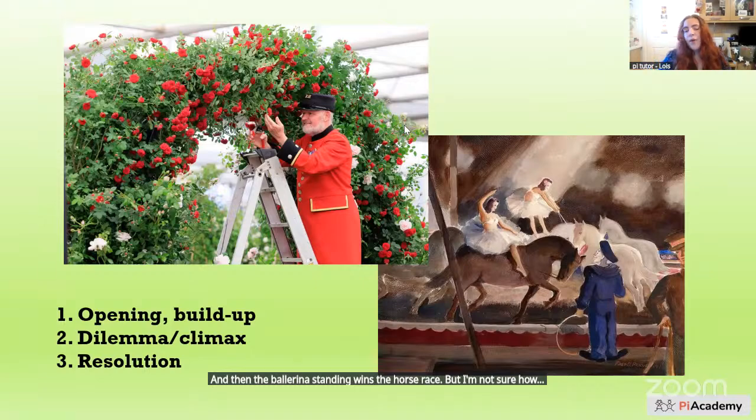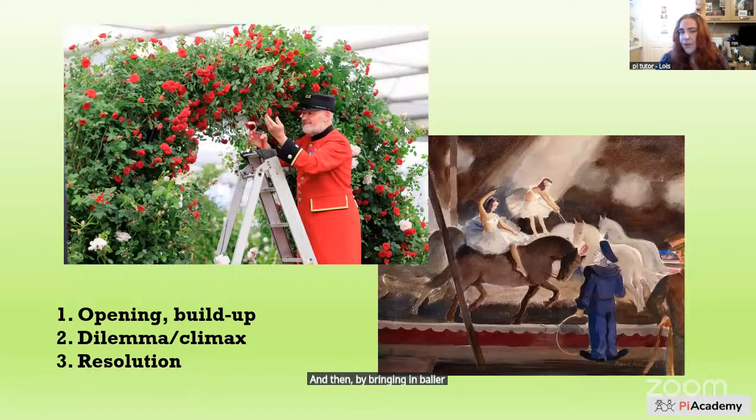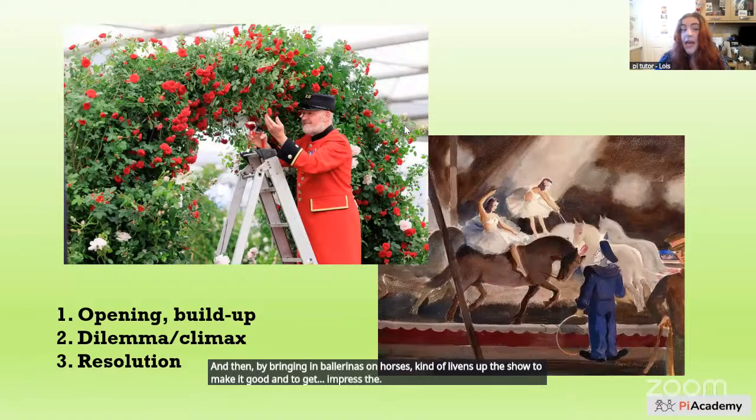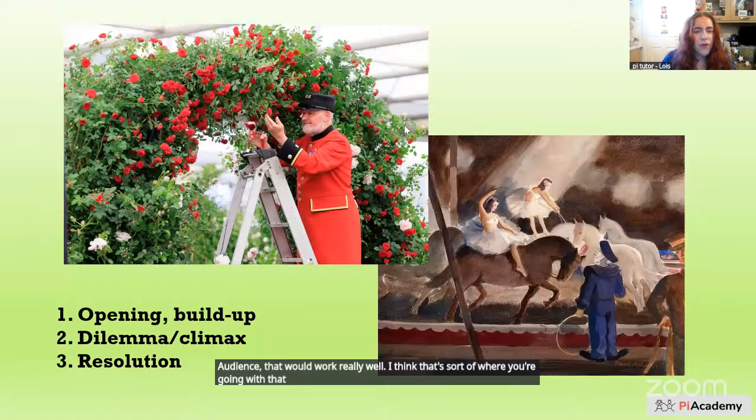I think if you're going for the idea that it's not a particularly good show at the start, and then bringing in ballerinas on horses kind of livens up the show to make it good and to impress the audience, that would work really well. I think that's sort of where you're going with that. Not quite sure if I've got that right, but if that's the case, that would work really nicely.